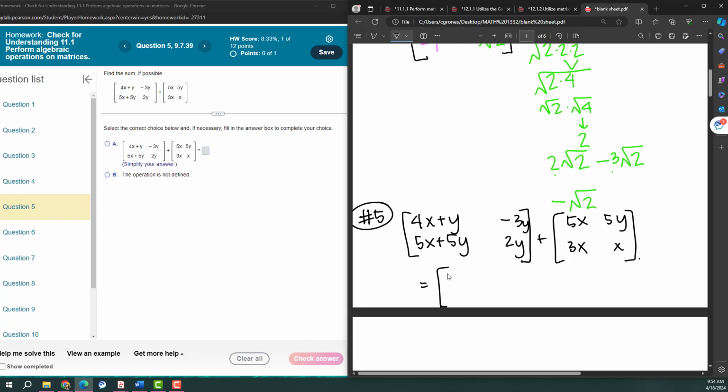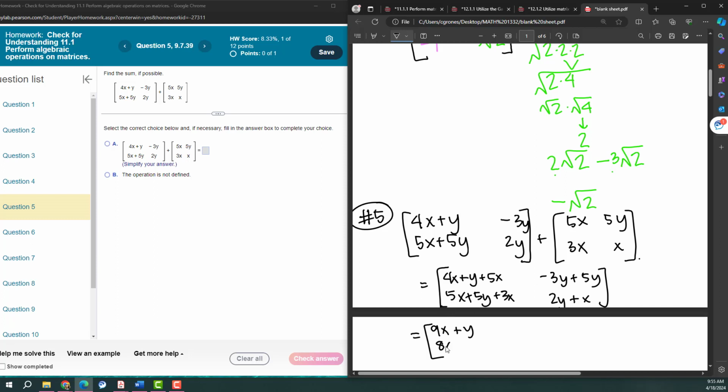So 4x plus y plus 5x plus 5y plus 3x, and then we have negative 3y plus 5y, and then 2y plus x equals, we're going to join our x's, so we have 9x plus y.